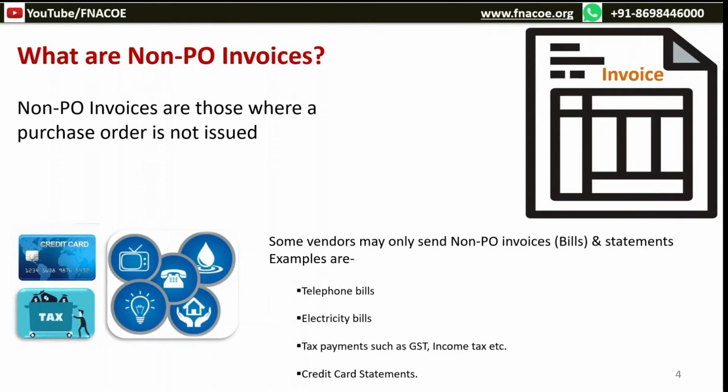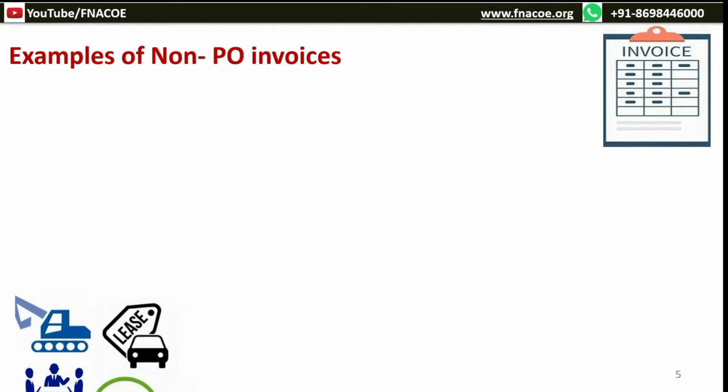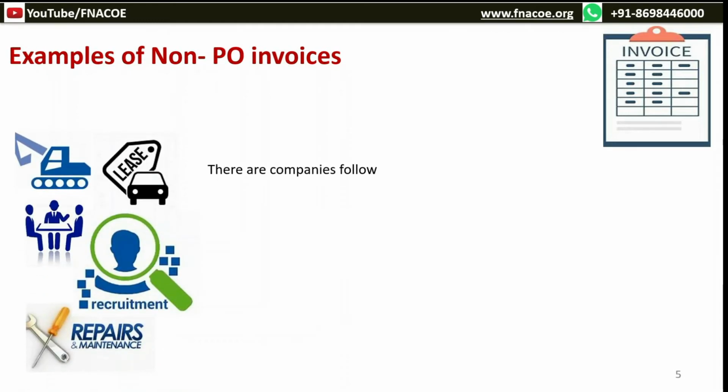Please note, there are small companies or startups that do not have dedicated procurement teams or procurement systems, and hence they generally purchase raw material or other items over the counter, and most of the invoices of such companies are non-PO based invoices. A few more examples are where a purchase order is not necessarily issued. Instead, long duration contracts are signed by the parties. In such a case, the vendor may not send an invoice at all but expects payment to be released as per the interval agreed in the contract.